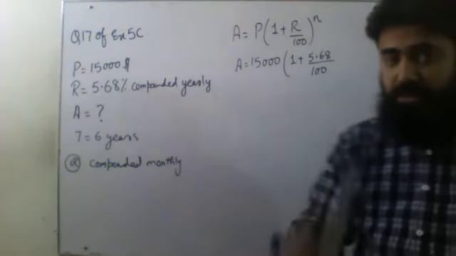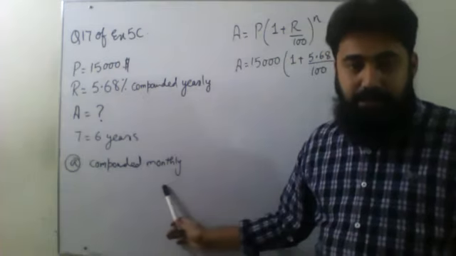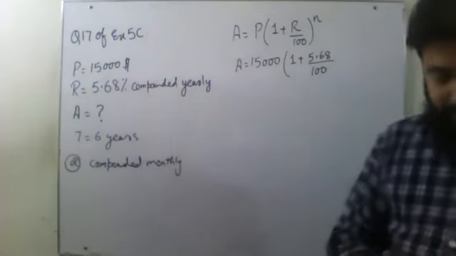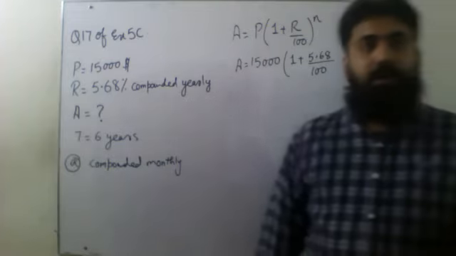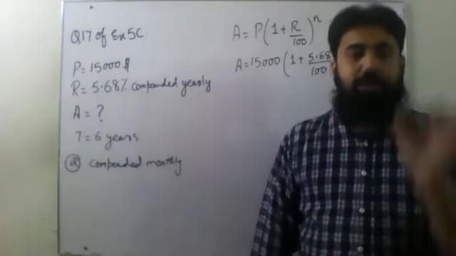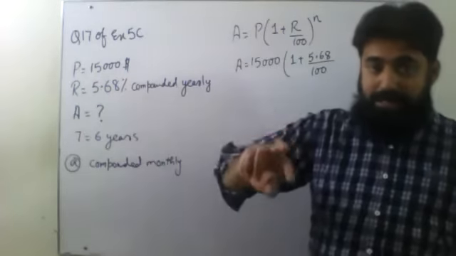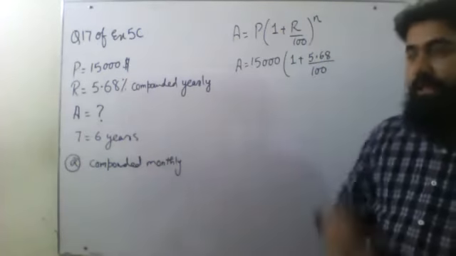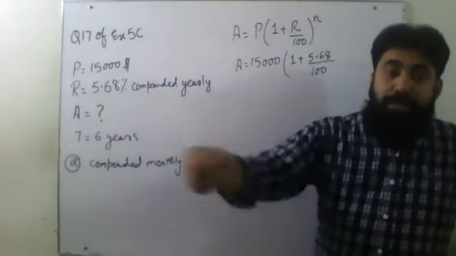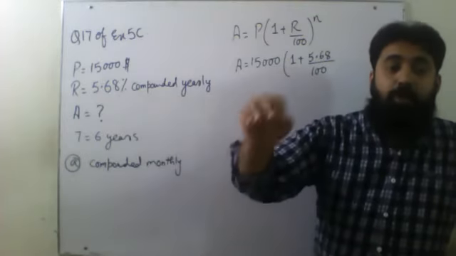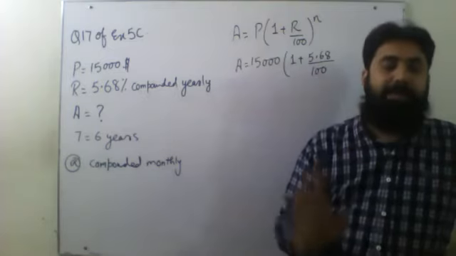This is the most important thing, because it is compounded monthly. What does it mean? Sometimes they say the percentage is compounded yearly or annually, which means the interest is applied when the amount is kept for one complete year.